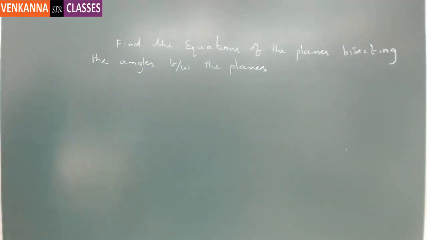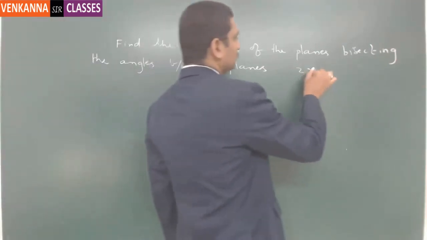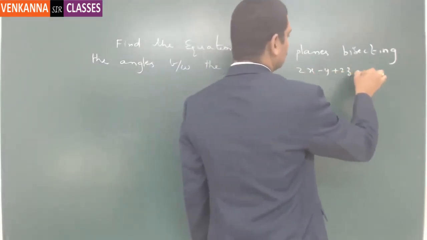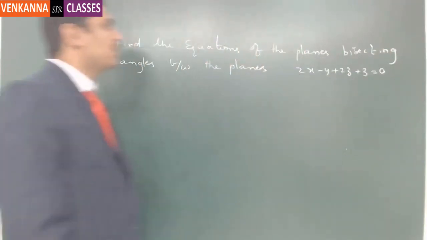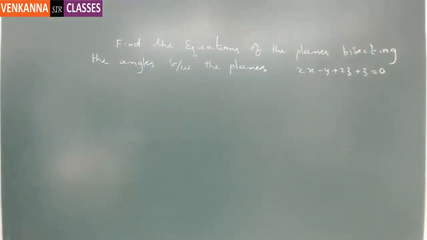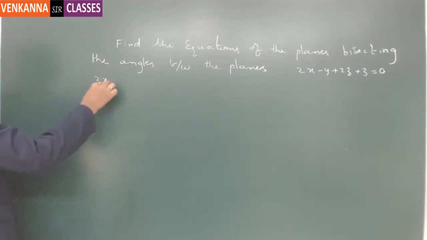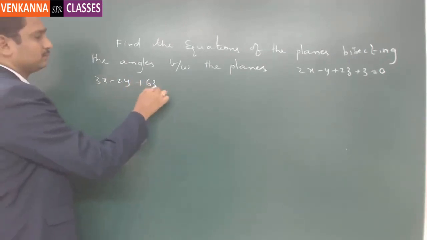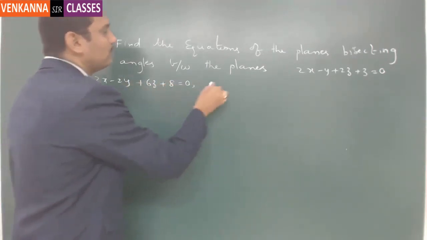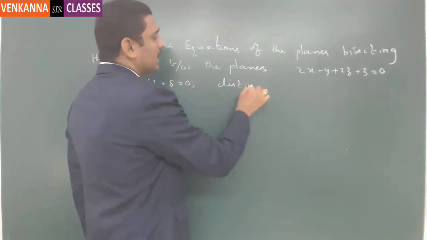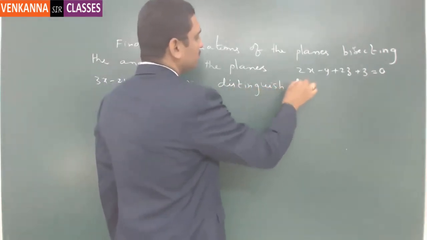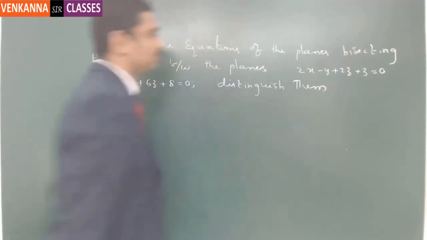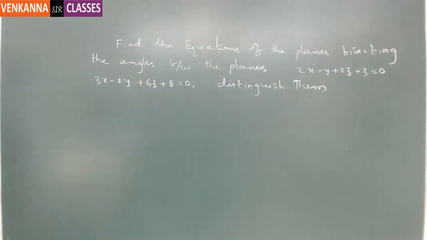The first plane is given by 2x minus y plus 2z plus 3 equal to 0, and the second plane is given by 3x minus 2y plus 6z plus 8 equal to 0, and distinguish them. So that was the question. Please take a note of it. Then we'll go with the procedure.